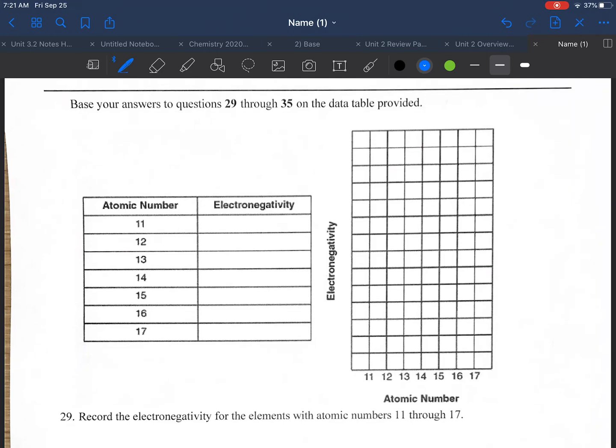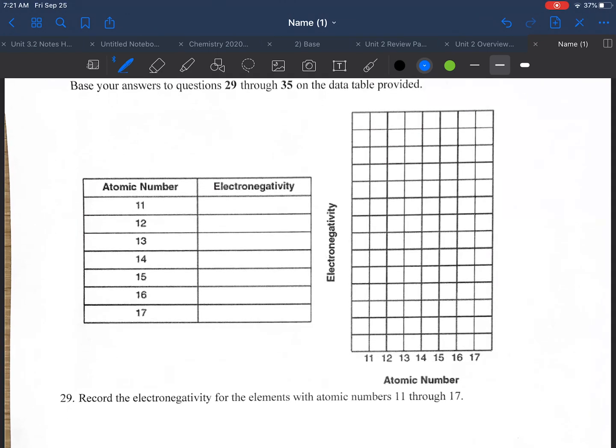Okay, so for this guy, I'm not going to make you look up the electronegativities. So I will make sure to tell you guys that first, but you would just find them from table S. But we have 0.9, 1.3, 1.6, 1.9, 2.2, 2.5, 3.2.